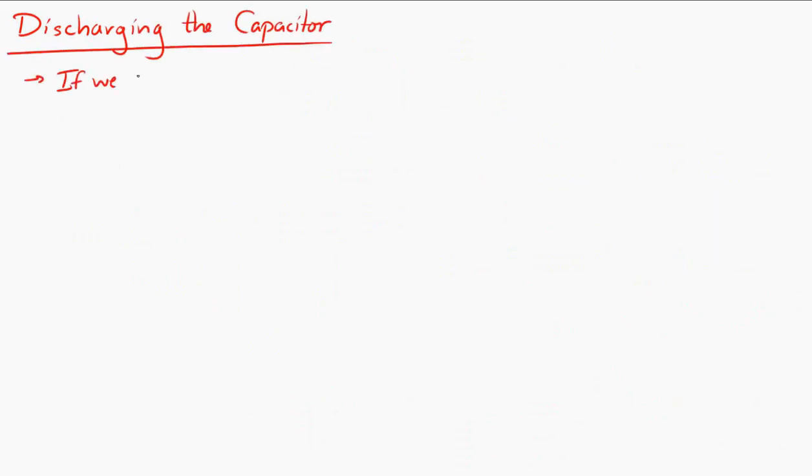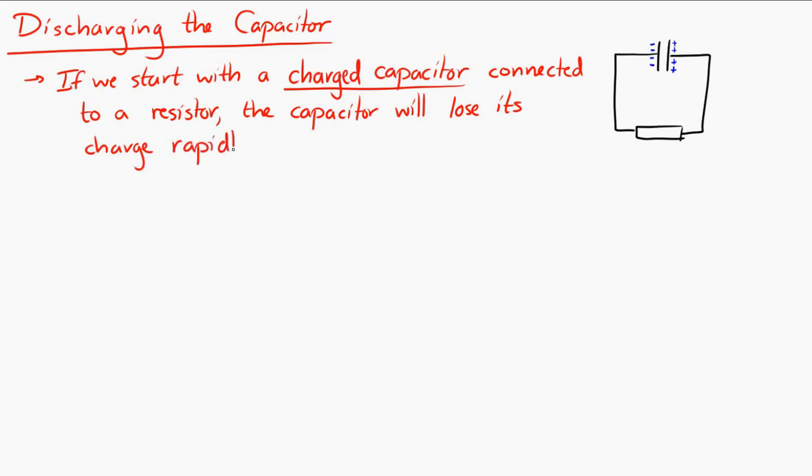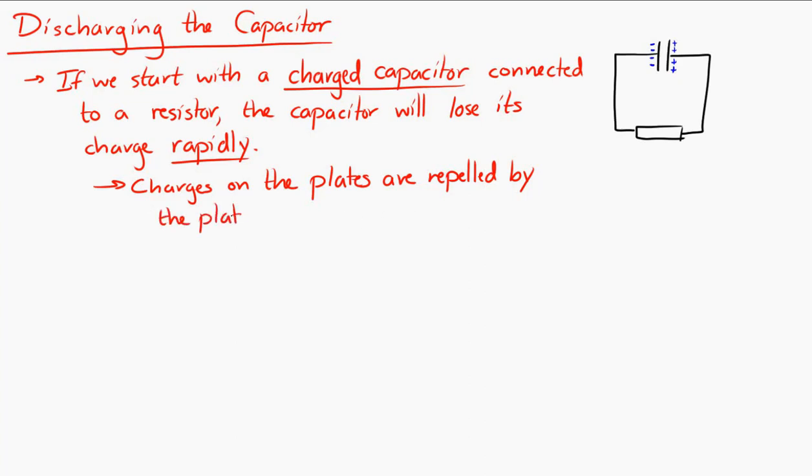Now let's think about discharging the capacitor. If we start out with a charged capacitor and then connect it to a resistor, like this, then the charged capacitor will at first lose charge rapidly because the charges on those plates are repelled by each other. There's a large potential difference across the plates that's driving the current.